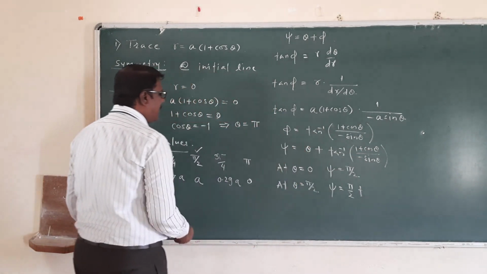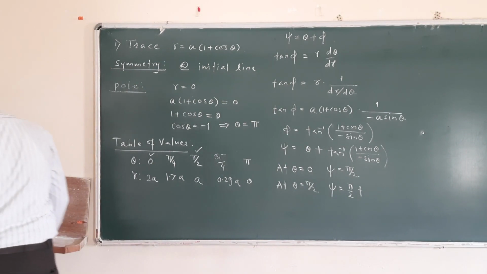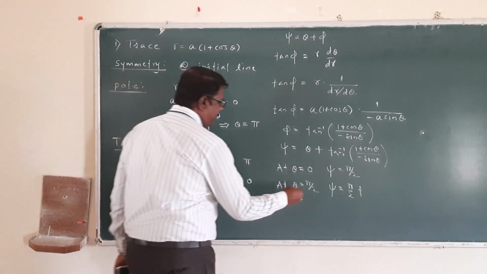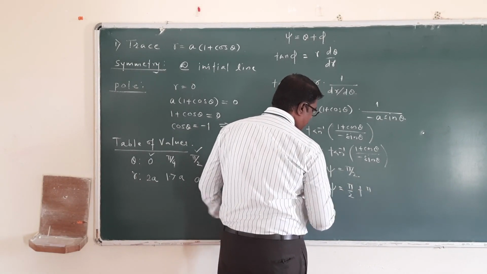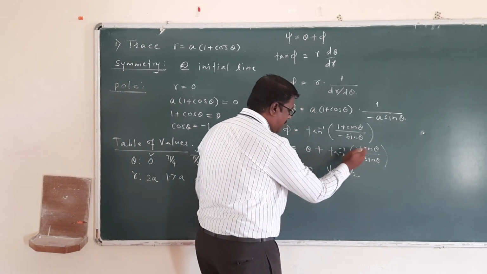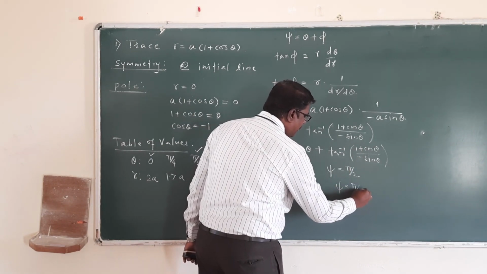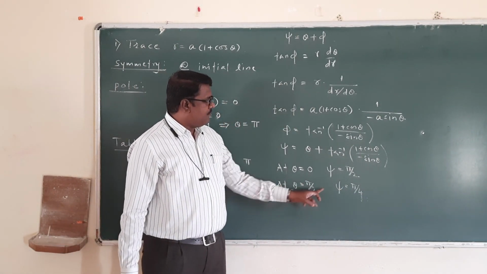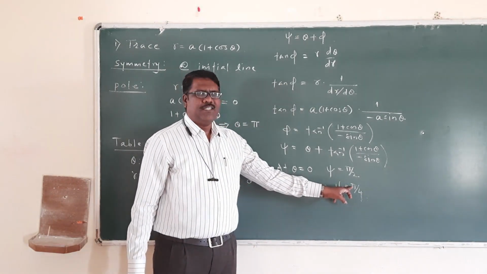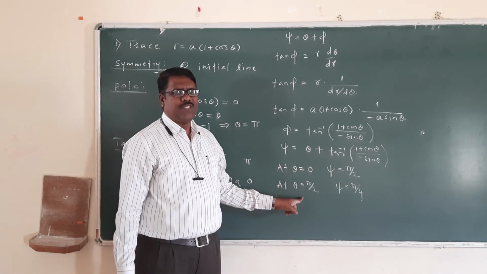So if we calculate the value of psi, then psi comes out to be pi by 4. So at theta is equal to pi by 2, the angle psi is pi by 4. So these are the tangents at some values of theta.